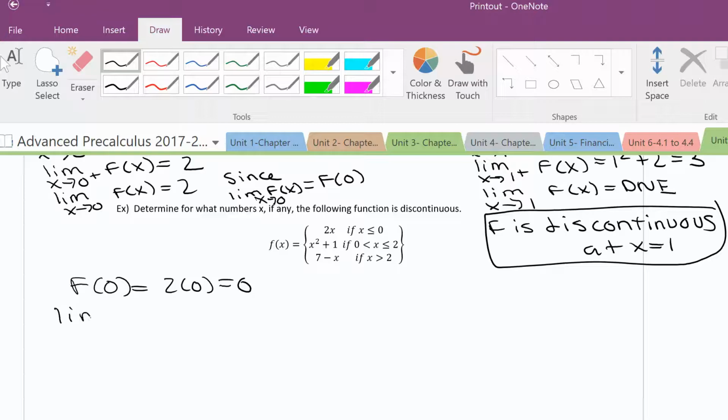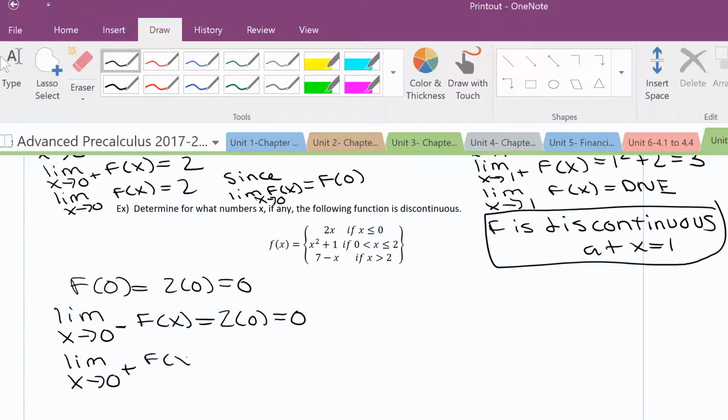The limit as x approaches 0 from the left of the function is equal to, well, less than 0 is 2 times 0, which is 0. The limit as x approaches 0 from the right of the function, well, from the right is when it's bigger than 0, but it's going to be this one, so it's 0 squared plus 1, which is 1.